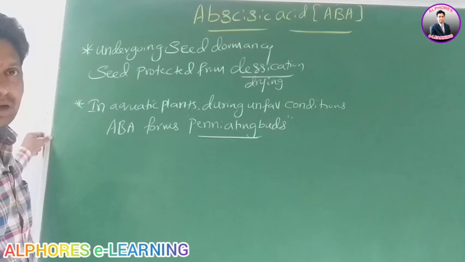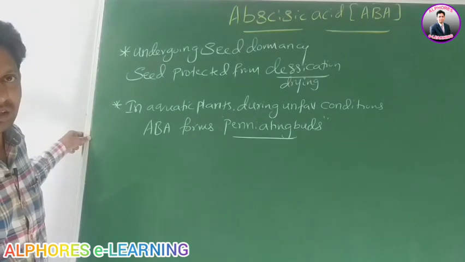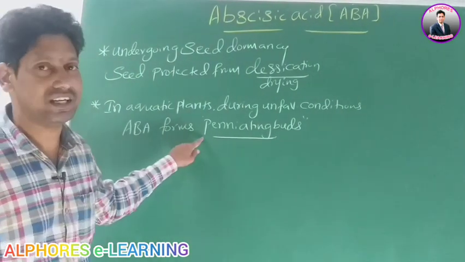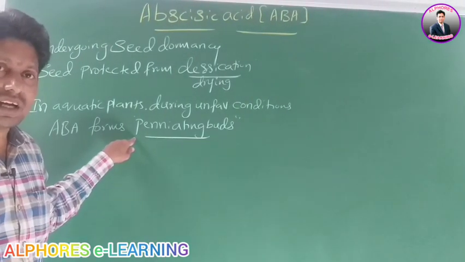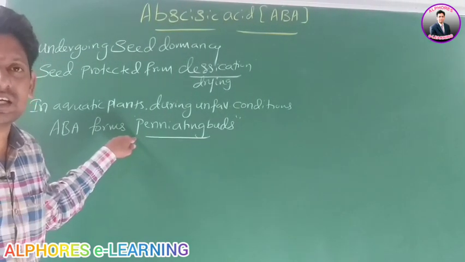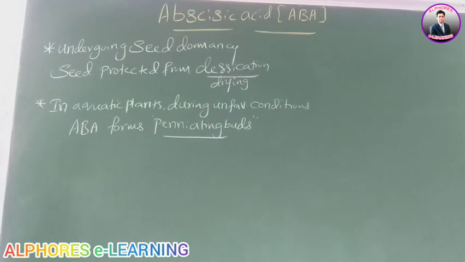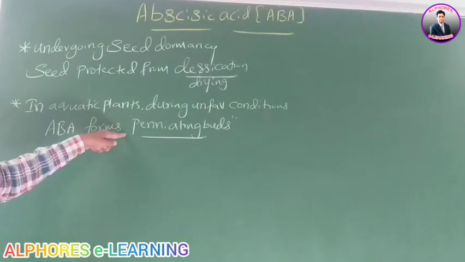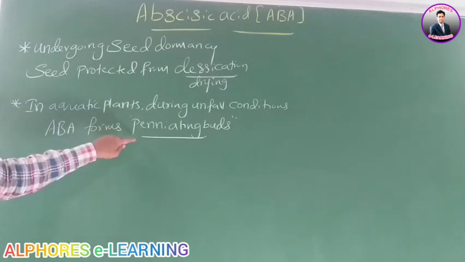Now the perennating buds fall to the bottom of that water body. It means the plant is not in the form of a plant, it is in the form of perennating buds. Once favorable conditions arrive, the perennating buds start germinating. The plant faces unfavorable conditions in the form of perennating buds.